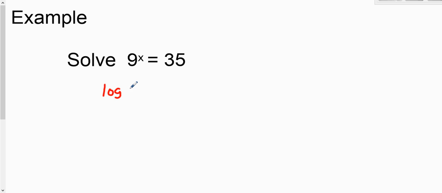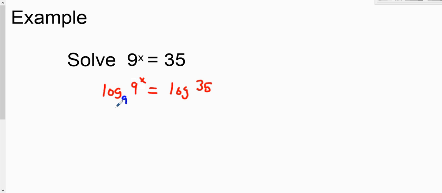This is going to be log of 9 to the x, and I'll come back for the base, log of 35. Now remember, here's my x. I want to get the x out of the exponent, so I have to get rid of the 9. So I want to make the base of the log match this base, 9.